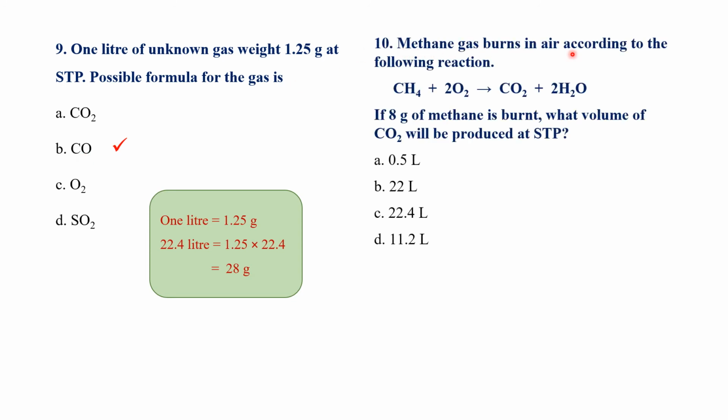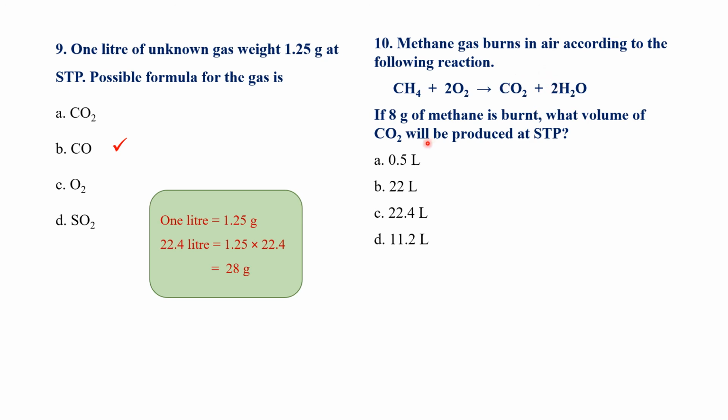Methane gas burned in air according to the following reaction. If 8 gram of methane is burned, what volume of carbon dioxide will be produced at STP? Here the reaction is given: 1 mole of methane is burned in the presence of 2 moles of oxygen. It will produce 1 mole of carbon dioxide and 2 moles of water.